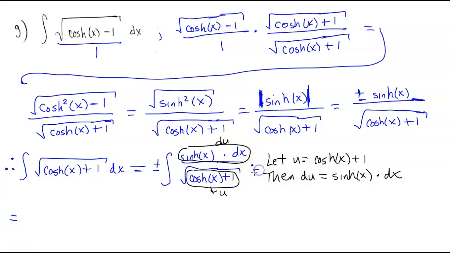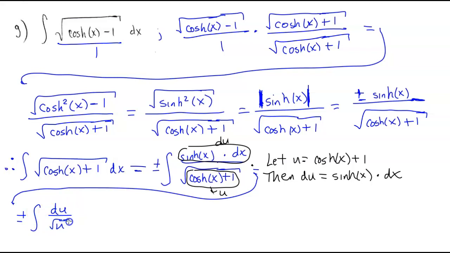All right, so we'll see here that at this point, this will be plus or minus du over square root of u, which will be plus or minus u raised to the negative 1/2 du.